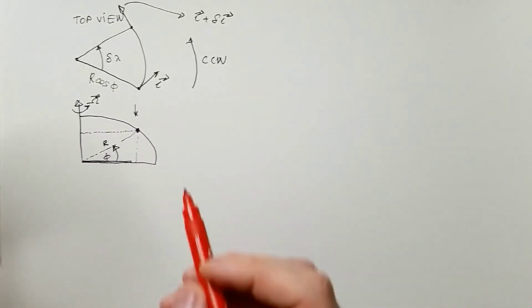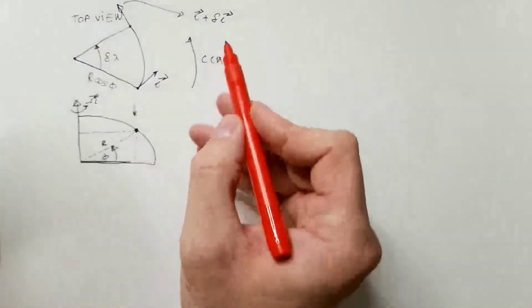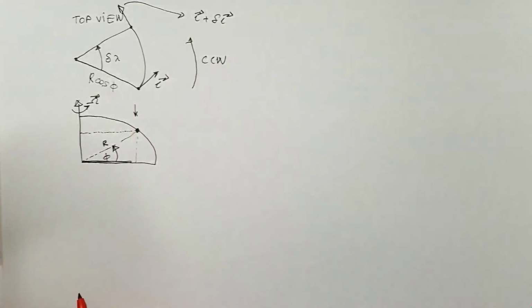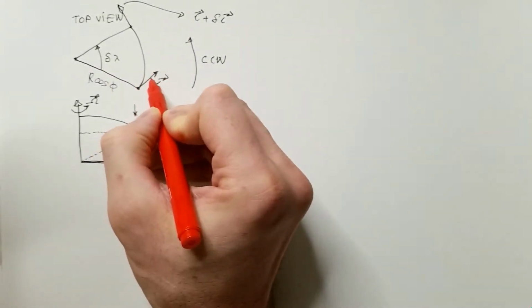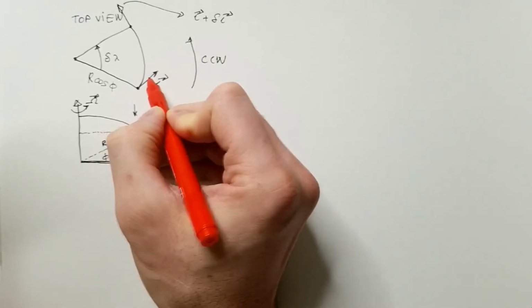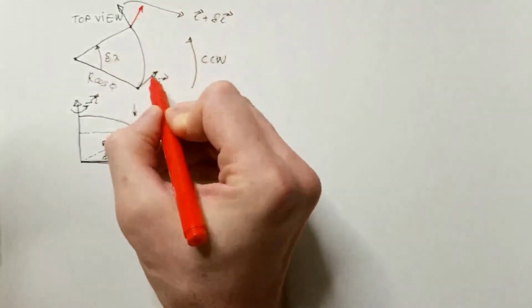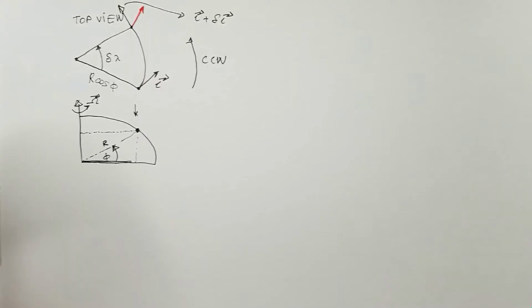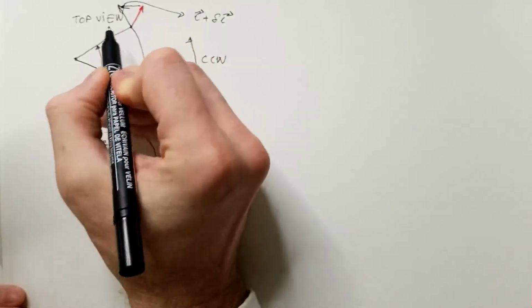Okay, now let's go back to this top view picture. What we want to find is this delta I. Well, that's simple, because I know this was my I at the time t, so I just translate that I over here. So I translate this vector over here, and look, my delta I is this vector over here.